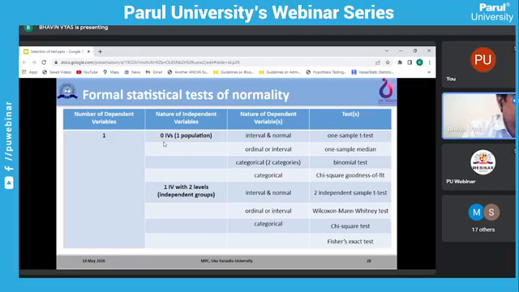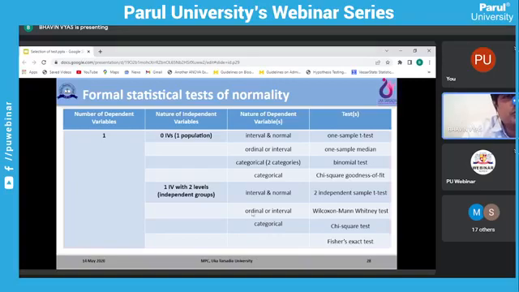This is the first condition, where you have one dependent variable and zero independent variables. The second condition is one dependent variable and one independent variable with two levels. It means group is the independent variable and you have two groups, group 1 and group 2, so that is at two levels.